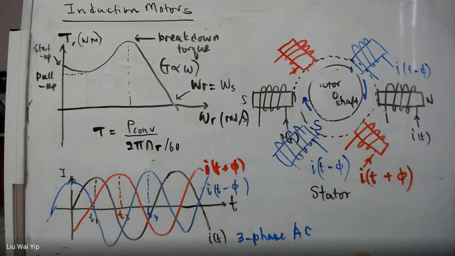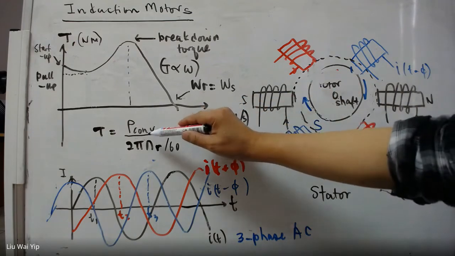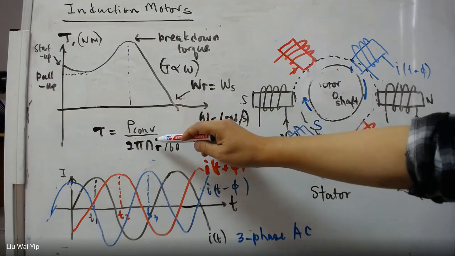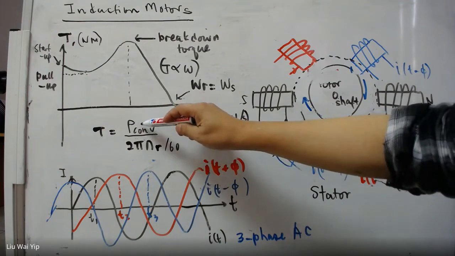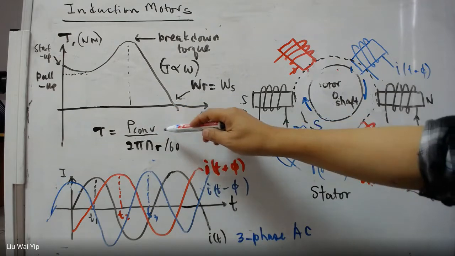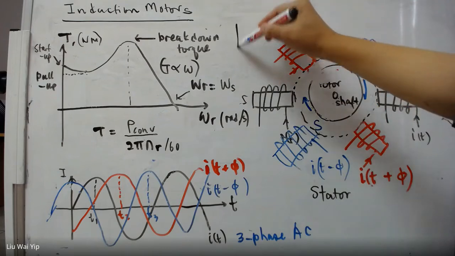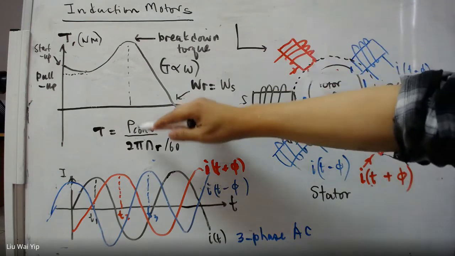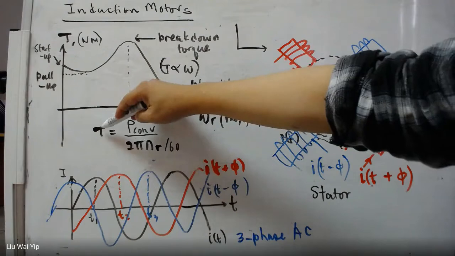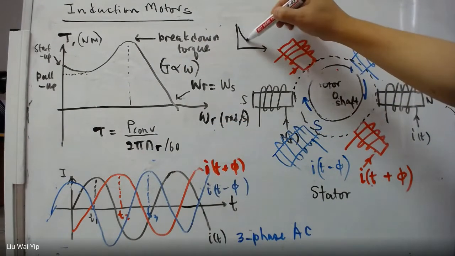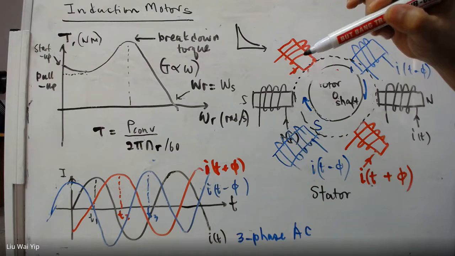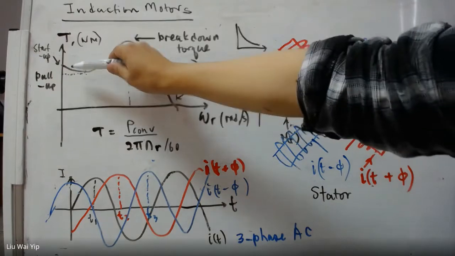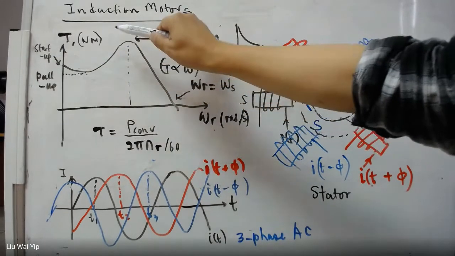Okay, so this is the equation for the torque, and at this point, the converted power is not a constant. If it is a constant, then we will end up with an inverse relation between the torque and the angular speed. But it is not, according to what we have got from the last video.